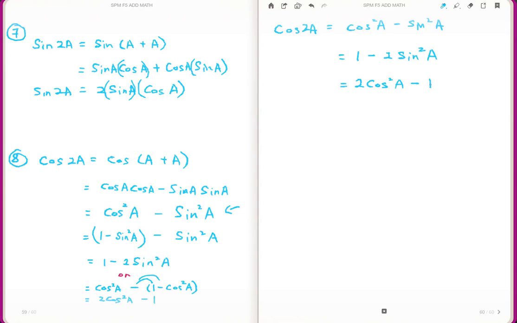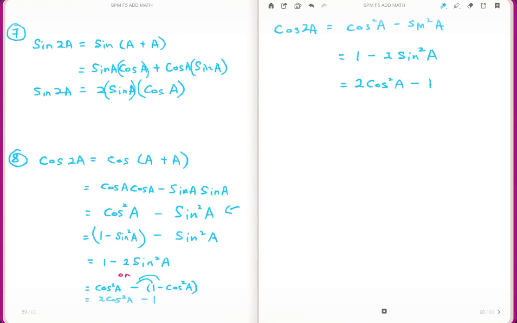So there are 3 possible outcomes. You need to just know it, and you just know it by luck, or you just do some exercise, get used to it.